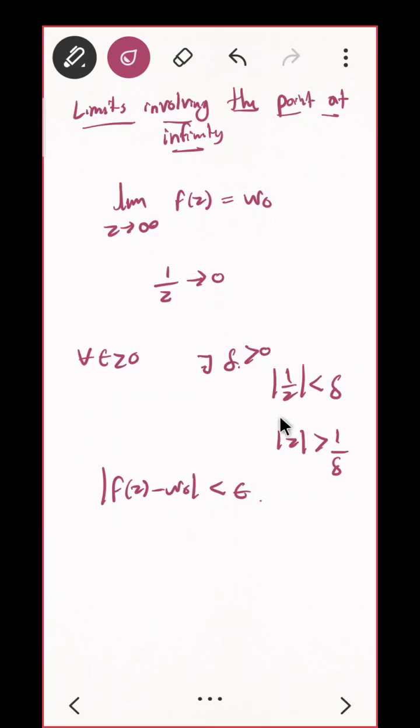The simplest definition is this one. Now, what is the meaning of this in the graph? Mod z greater than 1 by delta. Yes, it is the exterior of your circle, excluding the boundary.